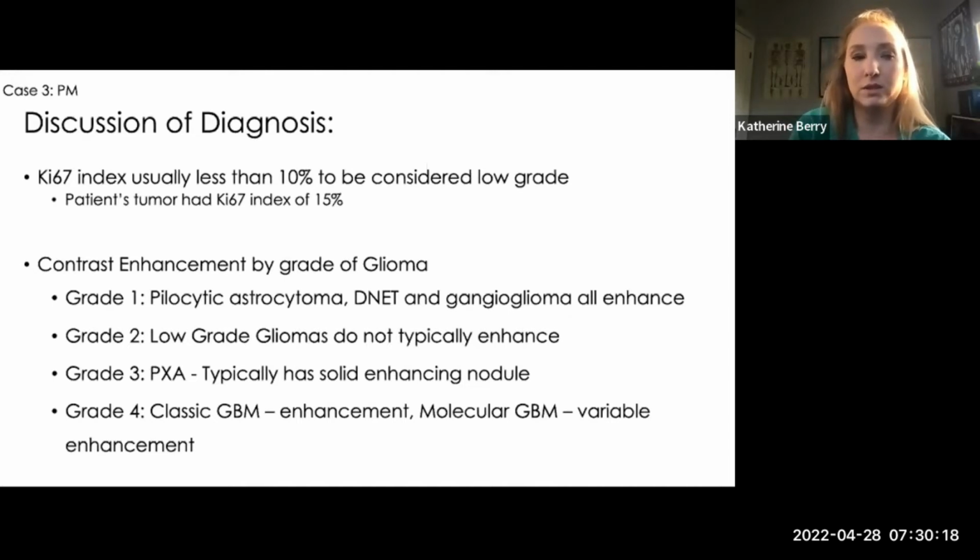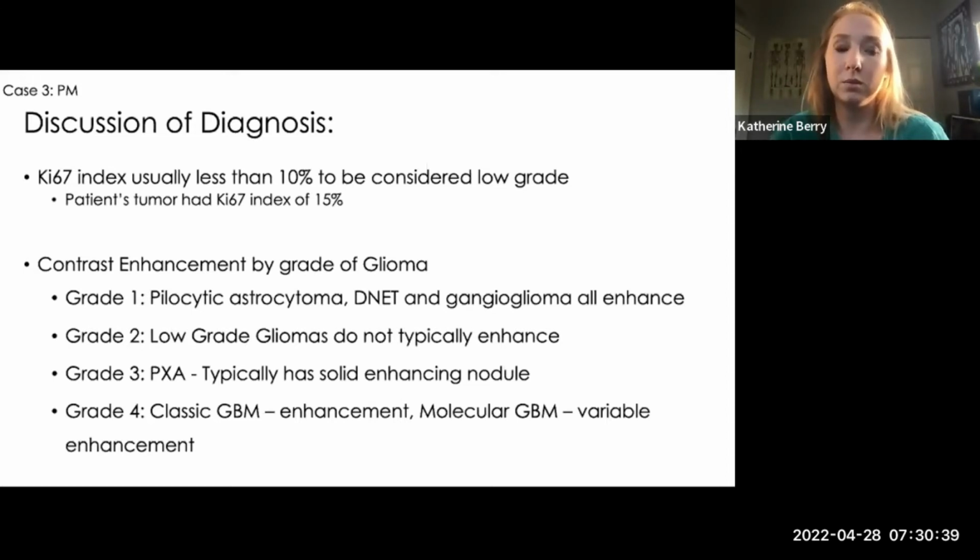So just for the junior residents, to review how enhancement is usually seen in gliomas. Grade 1, there's the pilocytic astrocytoma, DNET, ganglioglioma, all enhance. Grade 2, which we typically describe as low-grade gliomas, and there can be lots of different types, do not typically enhance.